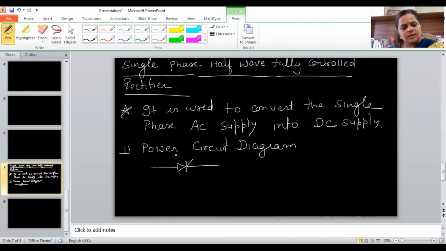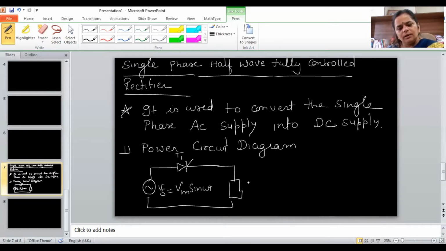So this is the SCR or thyristor. This is the AC input Vs, Vm sin omega t, and here is the load. Okay, and this load can be a resistive load.